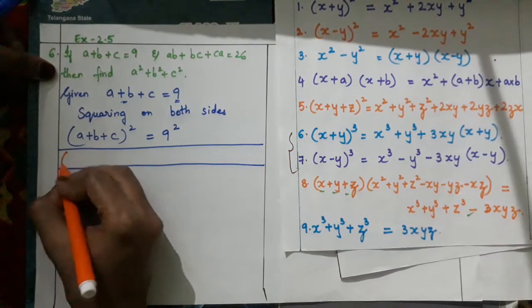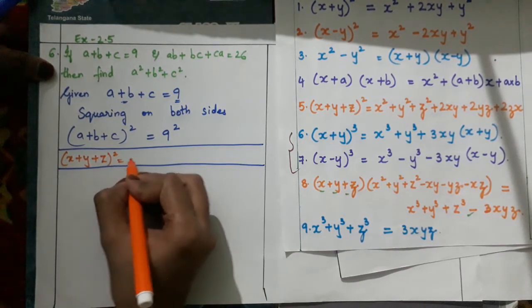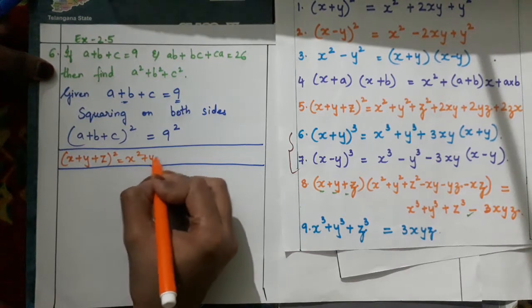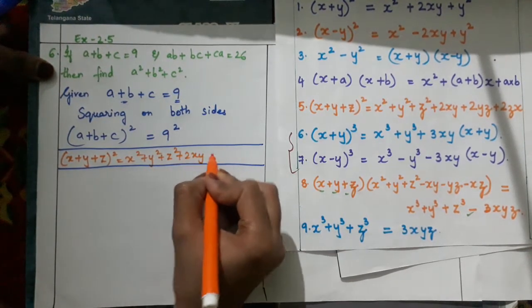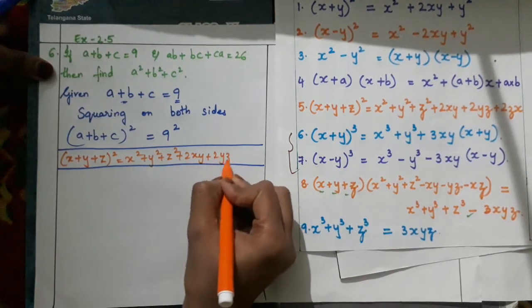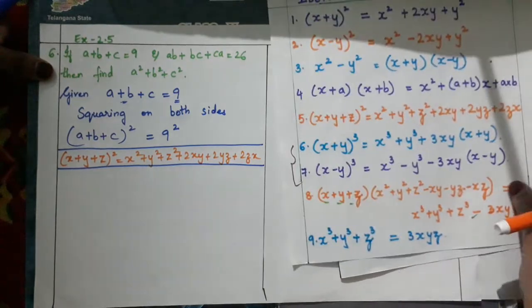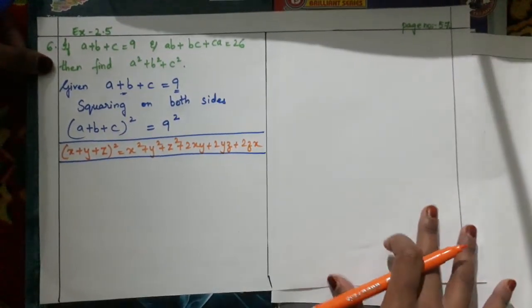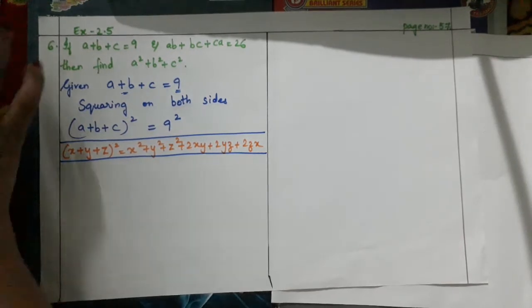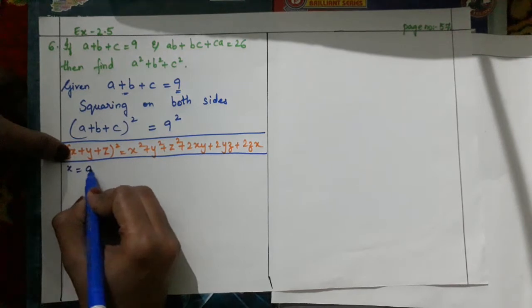X plus y plus z whole square is equal to x square plus y square plus z square plus 2xy plus 2yz plus 2zx. Okay, now see here, children. Here what is x? X is nothing but a. What is y?